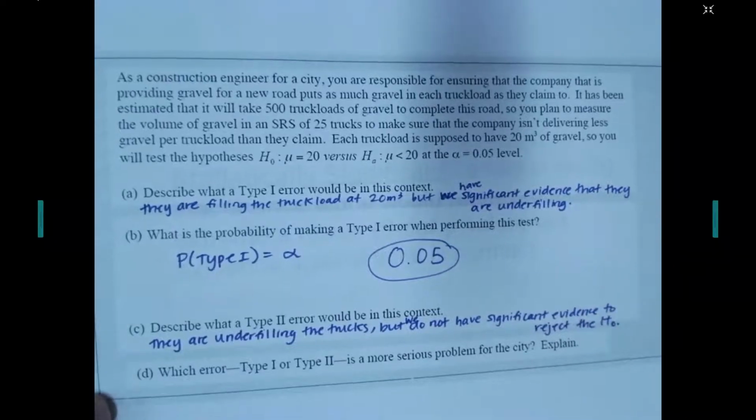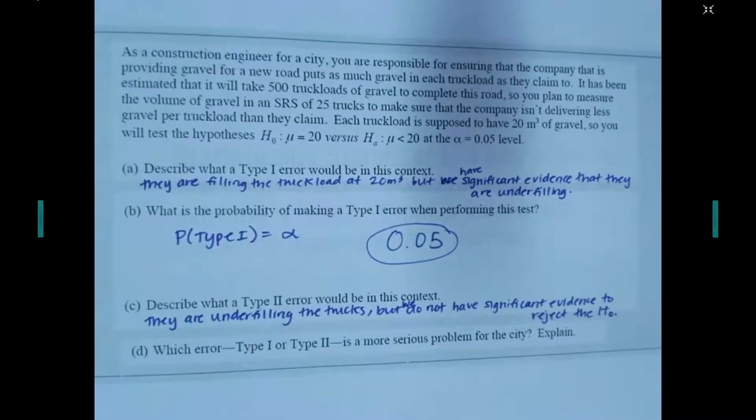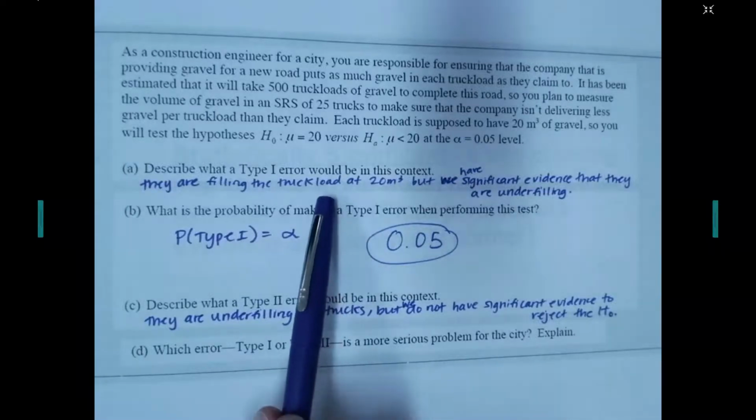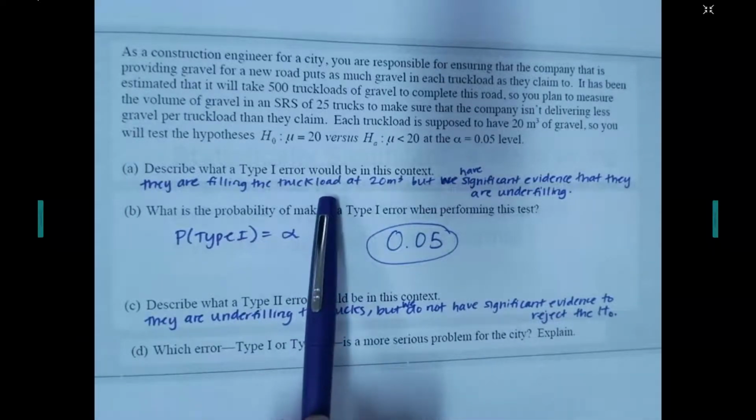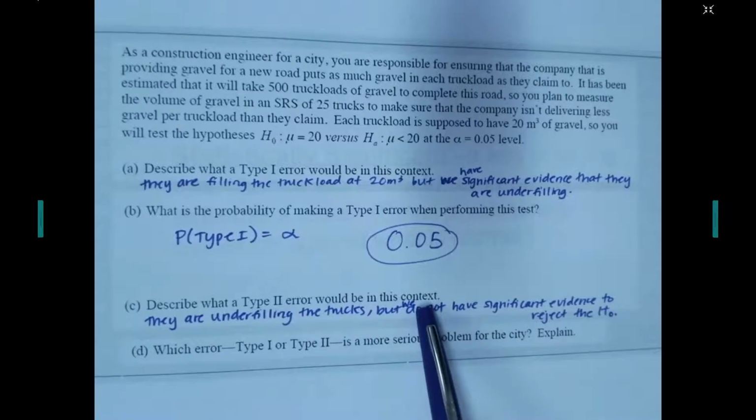Okay. Now, which error, type 1 or type 2, is a more serious problem for the city? So we're looking at this in terms of this city. A type 1 error would be when they're bringing the amount of gravel they should be, but we think they're underfilling. If that's happening, we're probably demanding they bring us more, right? And so we might end up with too much at the end. A type 2 error is where they're not bringing enough, but we think they are.